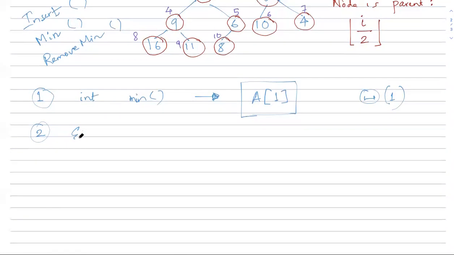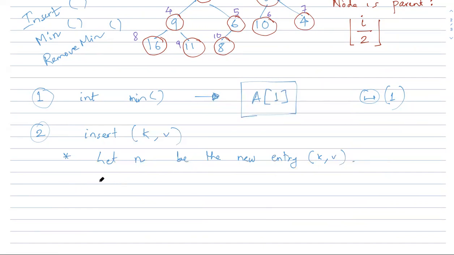Okay, so the next one is how we can have the insertion. So insert of some key and value pair. What do we need to do? Let n be the newly constructed entry with key and value pair.